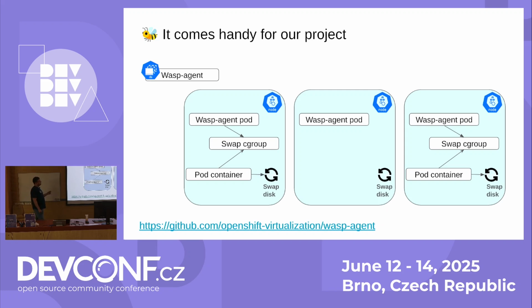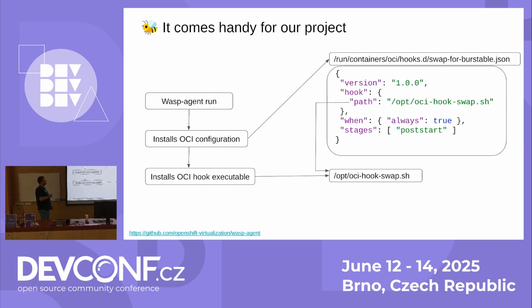So the easy part is that in order to allow your container to use swap memory, you just need to configure it in the container cgroup file, memory.swap. So we created an agent that is deployed like a DaemonSet. What this agent does is install an OCI hook on each one of the worker nodes, and it installs the hook executable.